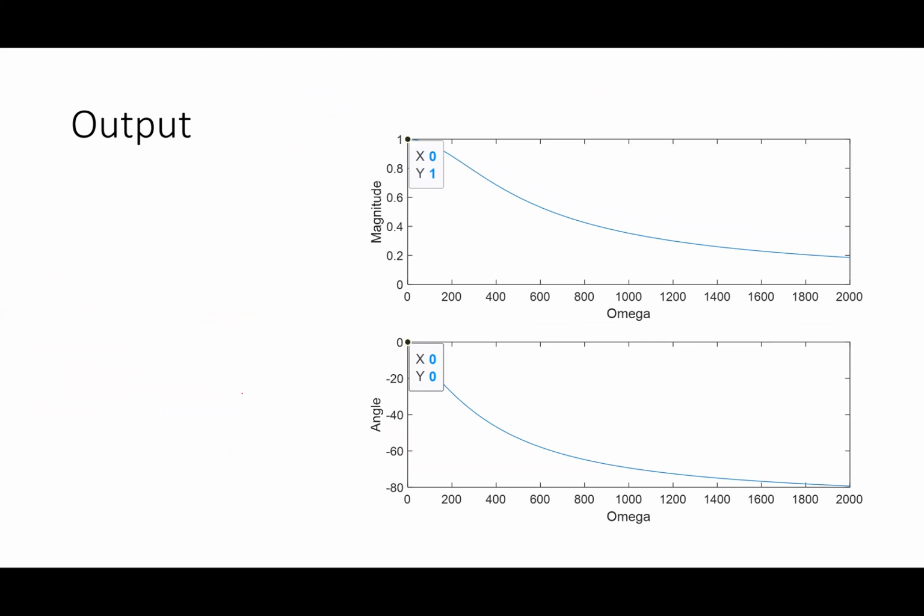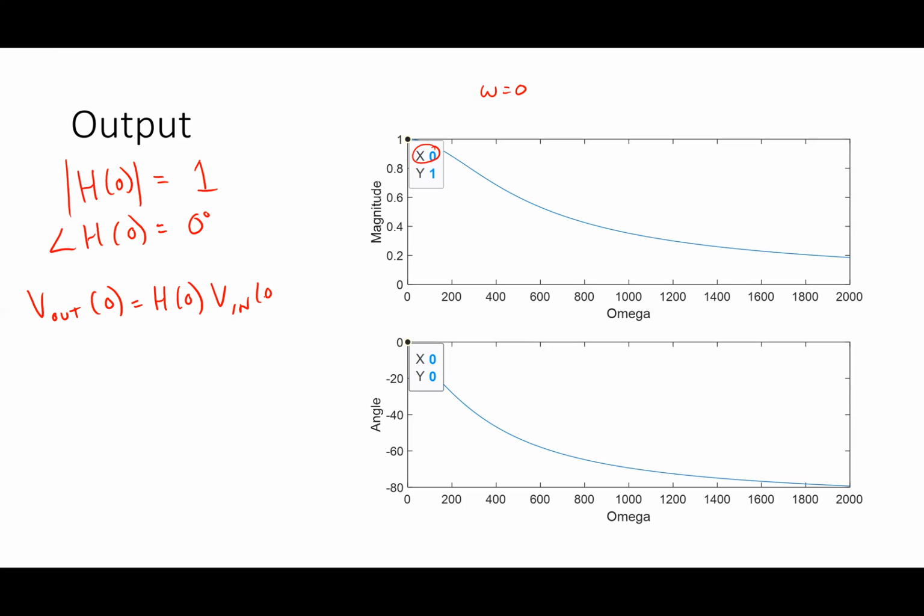When I'm looking at DC, DC is omega equal to 0, so my x-axis value is 0. It says that my magnitude H of 0 is equal to 1, and the angle of H of 0 is equal to 0 degrees. So V out of 0 equals H of 0 times V in of 0.